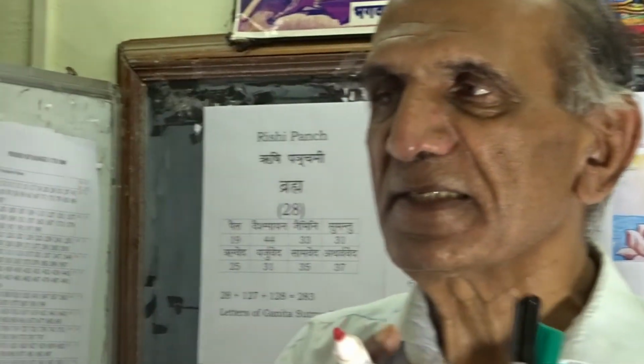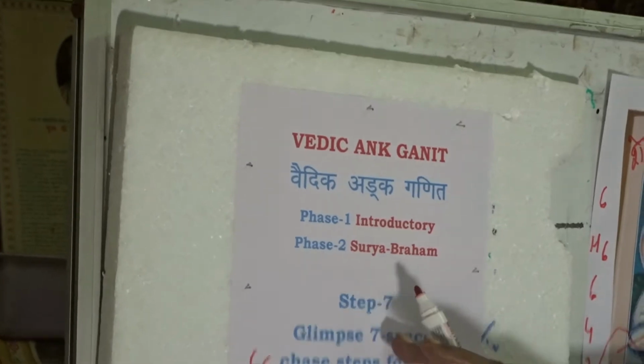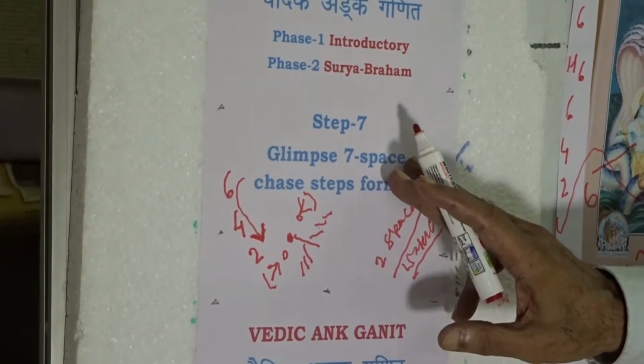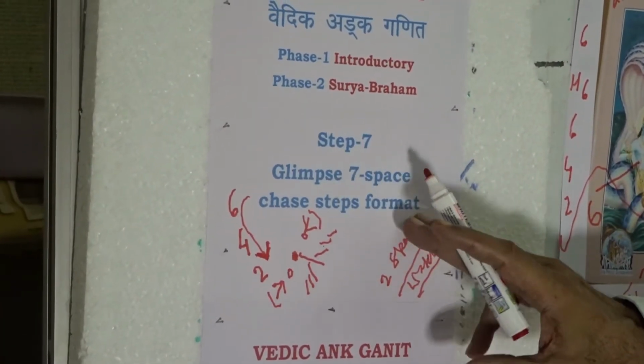Let us sit comfortably. Let us be face to face with these features and depiction of manifestation of 6 space with 7 space as an origin. Let us open a new page. Let us mention that today our attempt is to glimpse 7 space chase steps format.